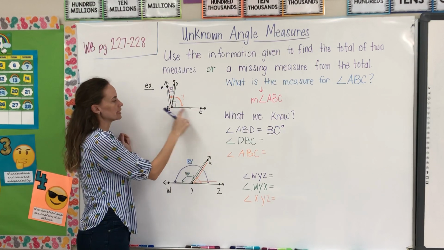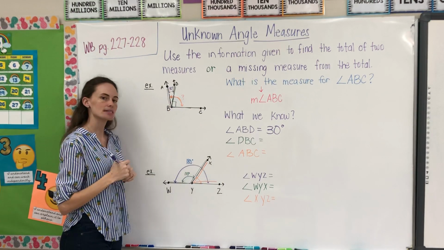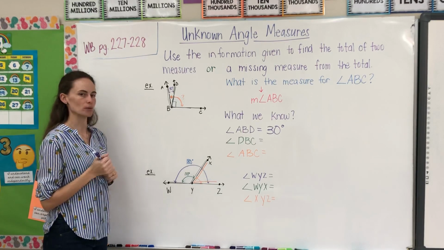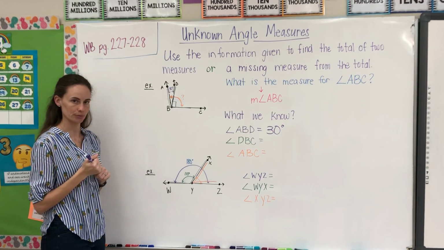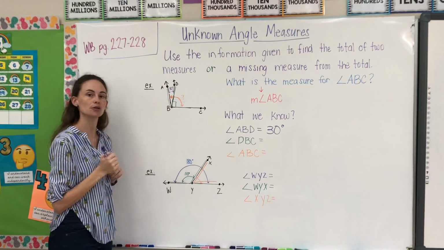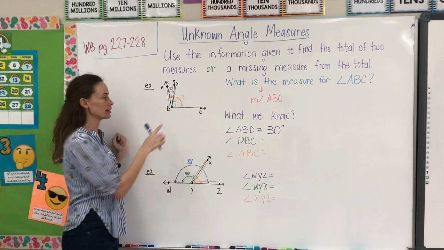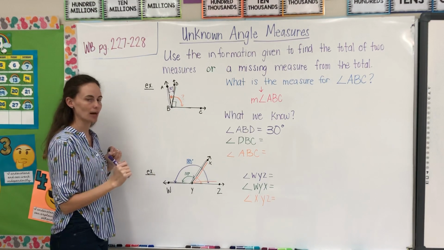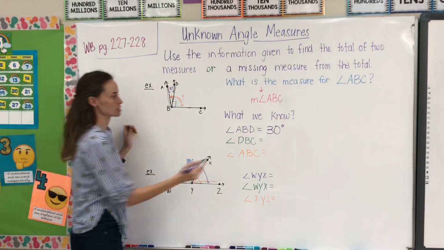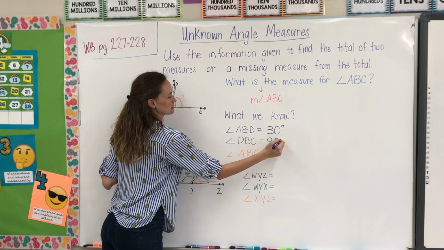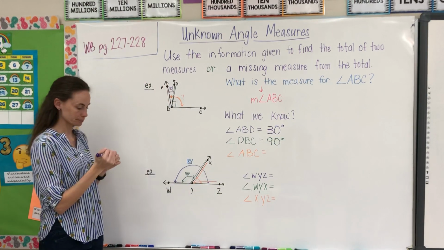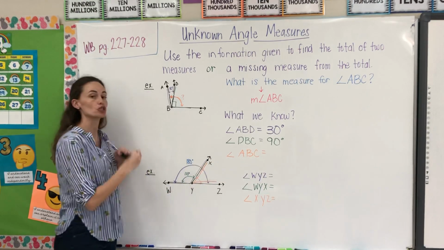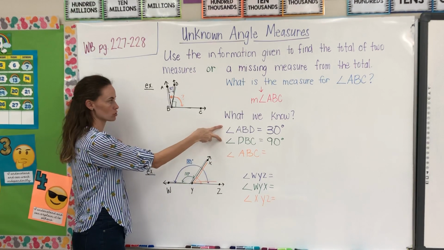It doesn't give us a number, but it does give us a clue. What is that clue? Right here, the little box. If you remember, the little box means that this is a right angle, and we know that a right angle measures 90 degrees. So now all that's missing is for us to find the total of the two angles.